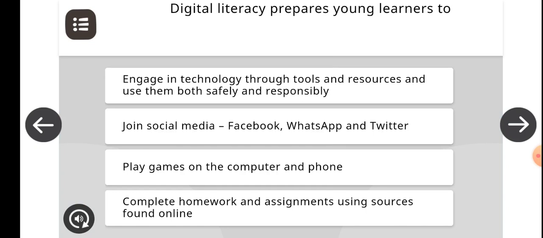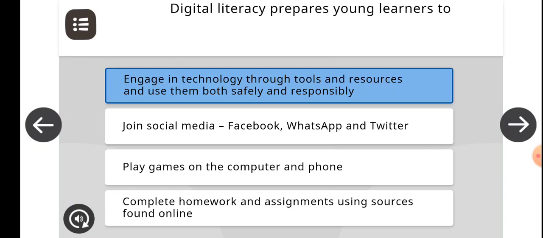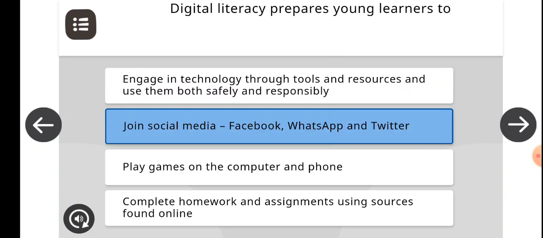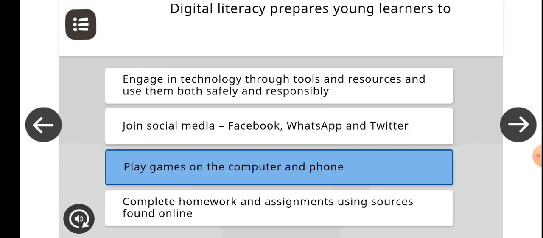Digital literacy prepares young learners to do what? So using ICT tools, we will enhance digital literacy, and it prepares the young learners for what? To engage in technology through tools and resources and use them both safely and responsibly. Or is it useful to join social media, Facebook, WhatsApp, or Twitter? No. Is it useful to play games on computer and phone? No. This doesn't mean that.